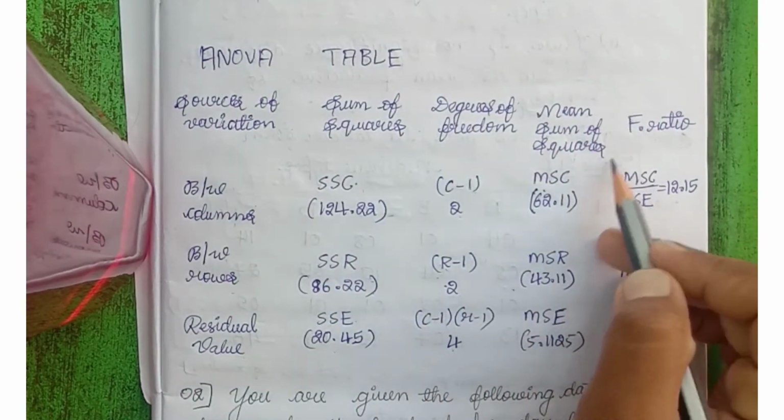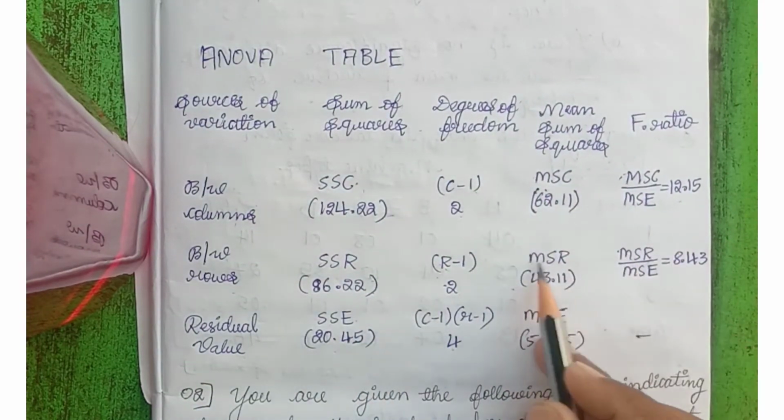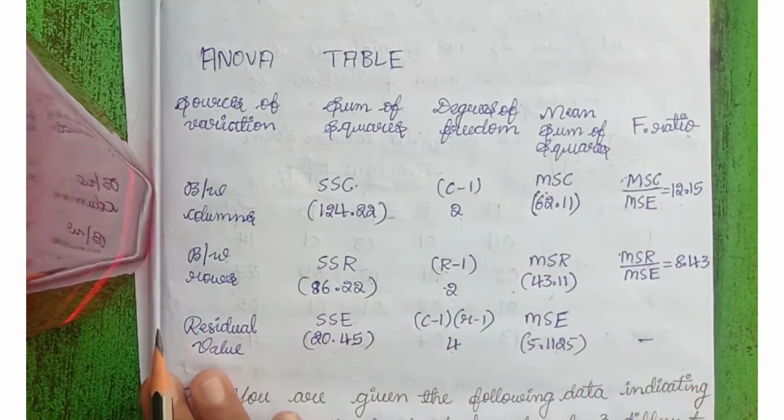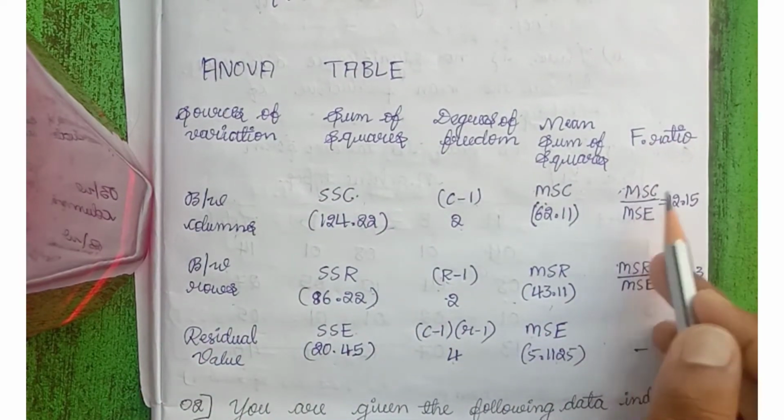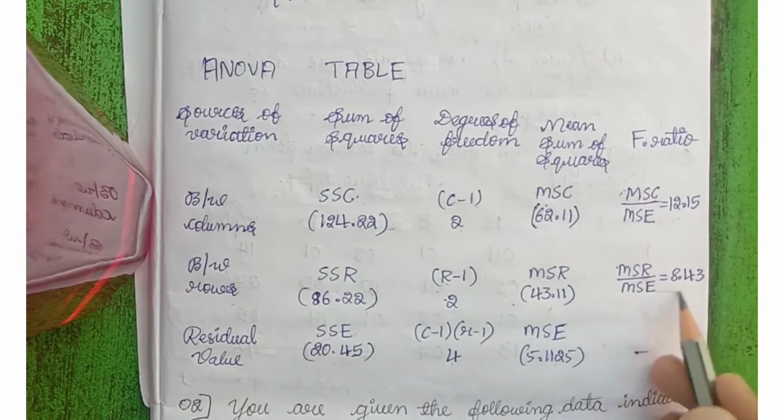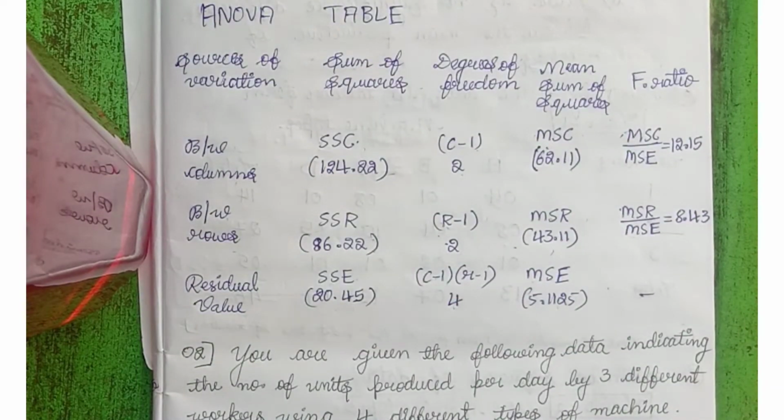Next, the mean sum of squares, the MSC, MSR and MSE values. The F ratios we calculated between the columns and between the rows are written here. This is the way we present the ANOVA table in the classification of two-way ANOVA.